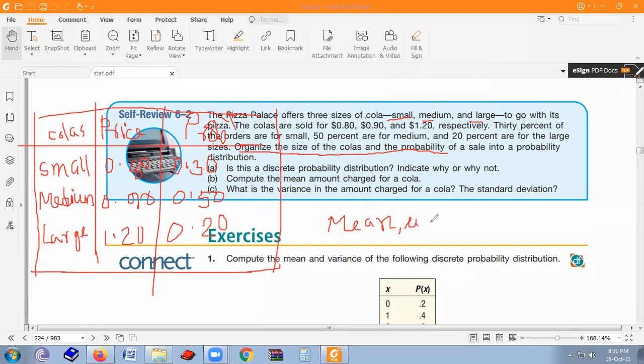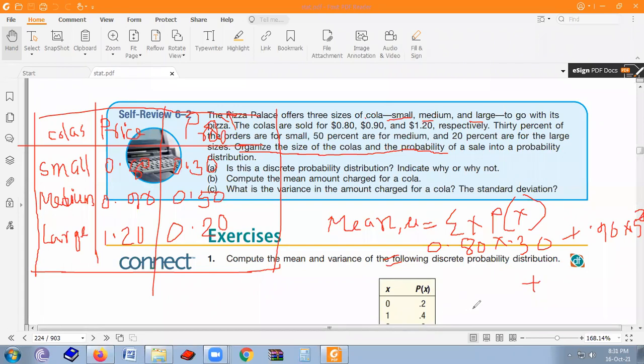So mean mu is equal to summation of x times the probability of x. So we have to find the mean like the previous math. So this is 0.80 times 0.30, plus 0.90 times 0.50, plus 1.20 times 0.20.